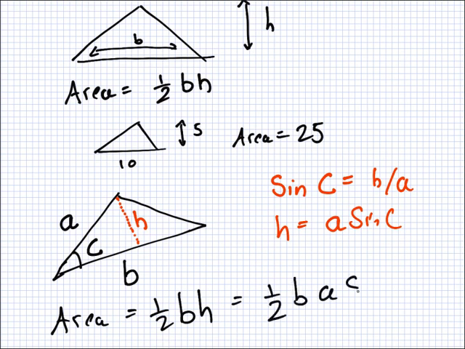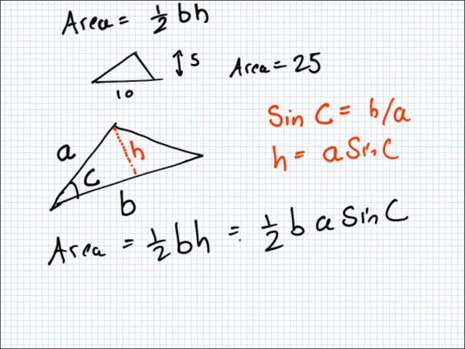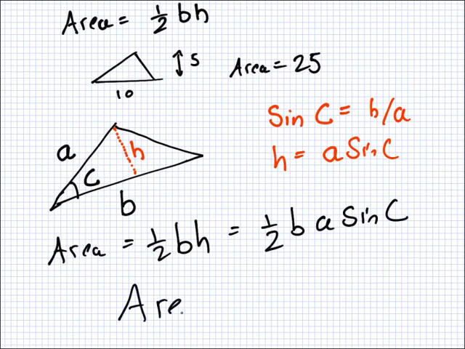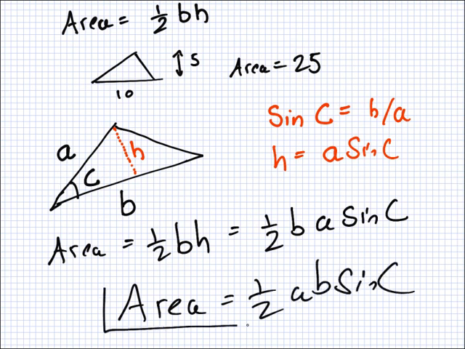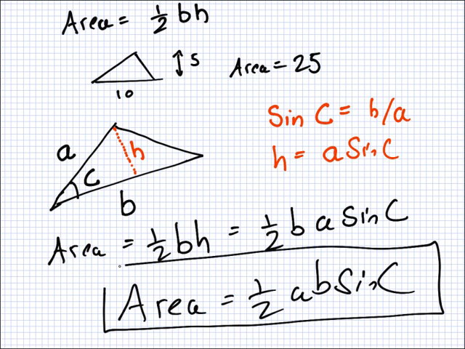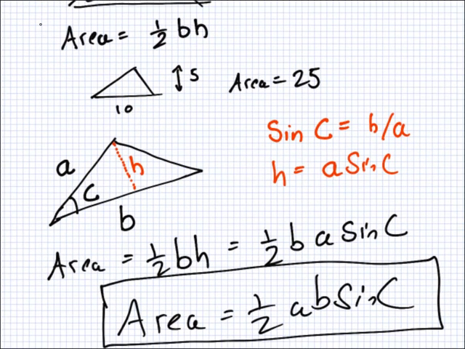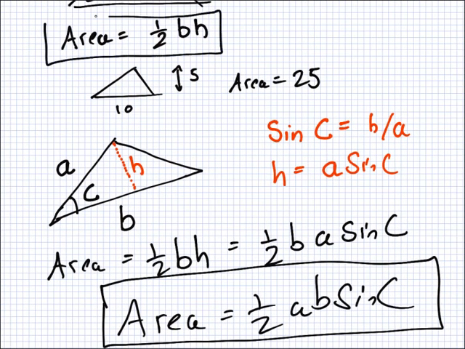It's A sine C. So, cleaning this up, we get this formula: area is a half AB sine C. That's our second formula. Okay, so we have just two formulas for this lesson. Let's have a look at some examples.